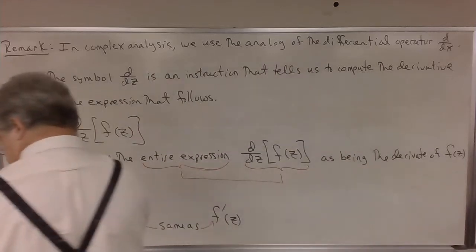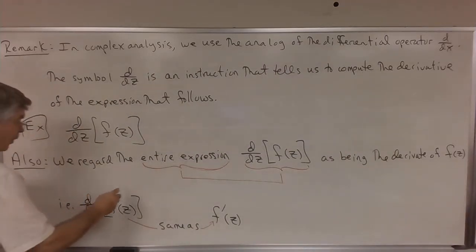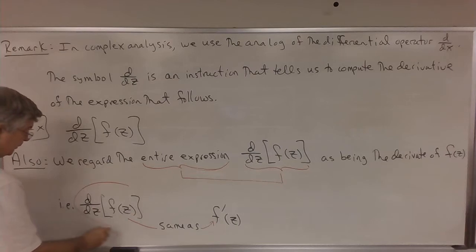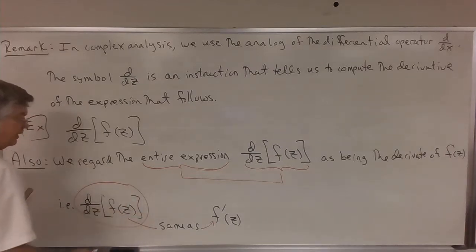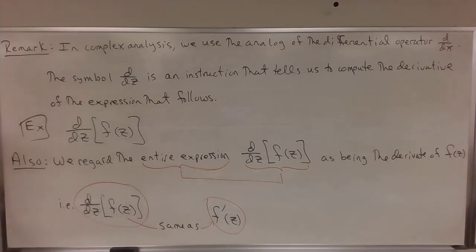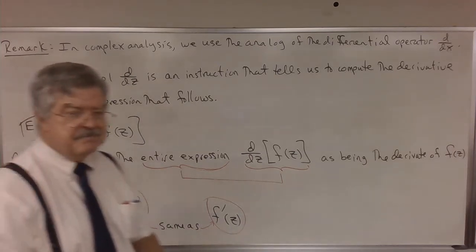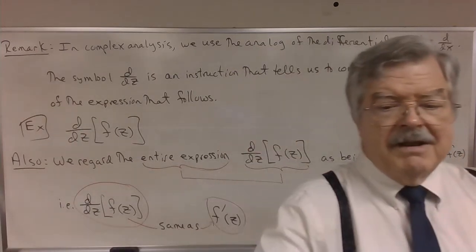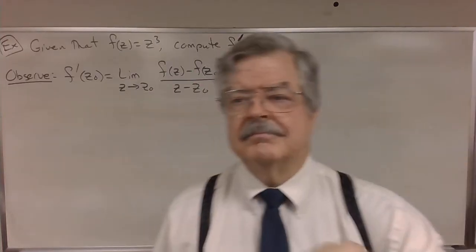So this whole expression is the same as f prime of z. So d dz f of z, that whole expression, is the same thing to us as f prime of z. Okay, now we'll do some exercises.